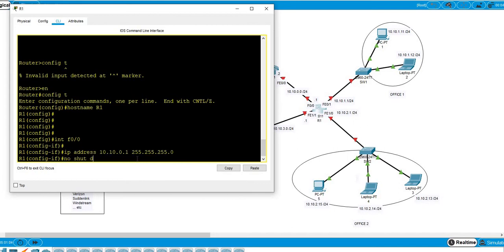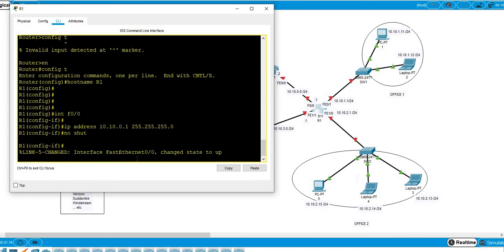No shutdown. Remember, you have to say no shutdown on routers because by default routers shut down interfaces, so no shutdown here. Okay, repeat the same on the other 3 interfaces: fast Ethernet 1/1, 1/0, and then 0/1.